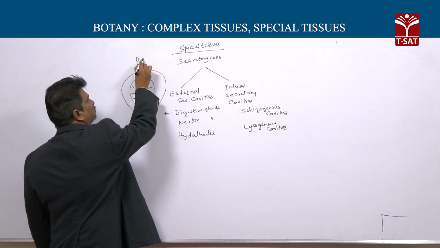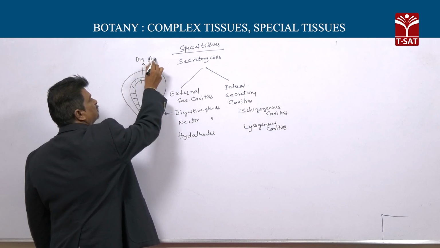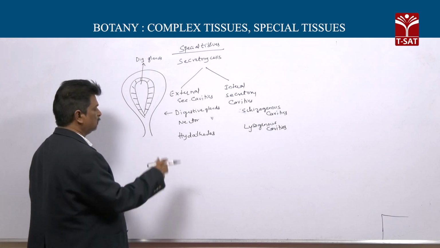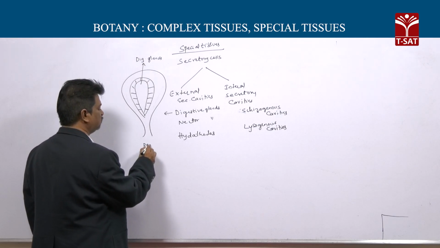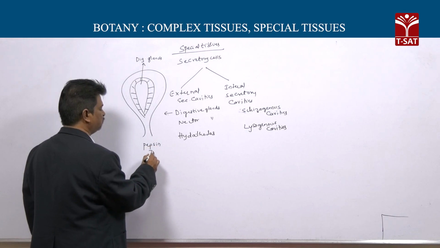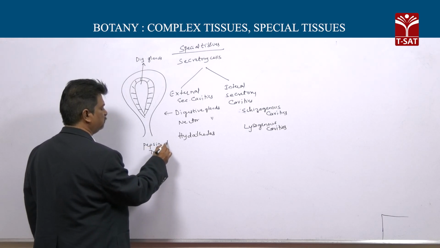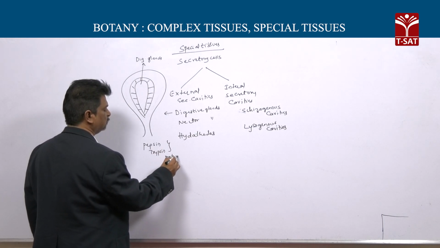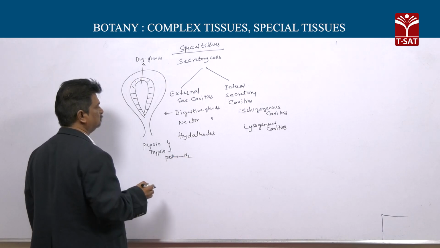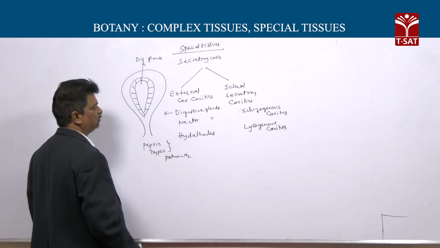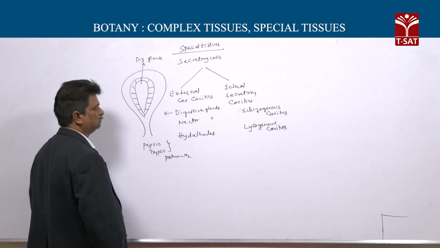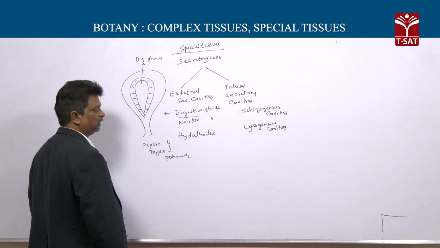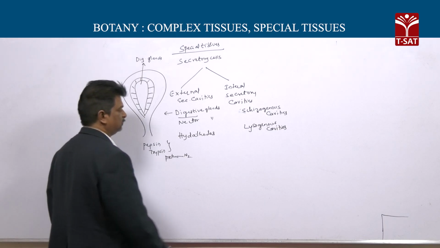These digestive glands secrete proteolytic enzymes, means protein digestive enzymes like pepsin and trypsin. Then they digest that proteins into nitrogen. Then plants absorb that nitrogen. These are digestive glands. Second one, nectar glands.